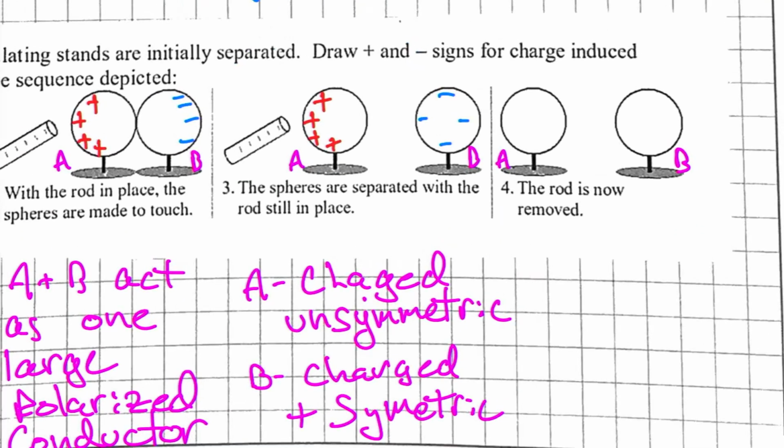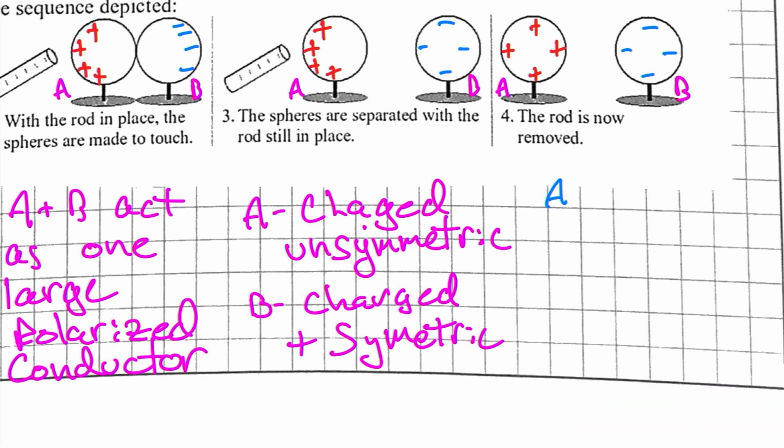And then when the rod gets moved completely away, these charges on A will redistribute themselves symmetrically. The charges on B are going to be symmetric as well. And we would say here that A and B are charged and symmetric.